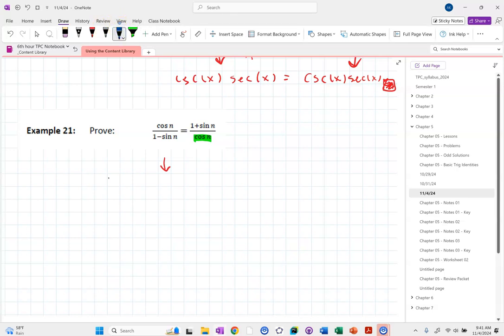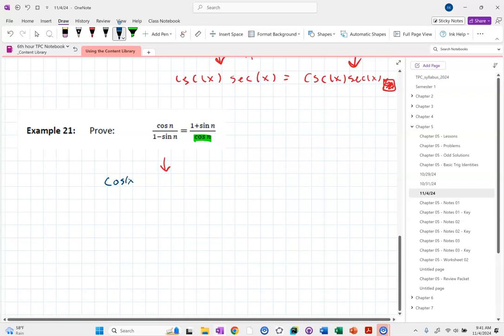So often it's not a bad strategy to look at where we're trying to get to and just make it happen, you know? So just like we multiplied by 1 there.